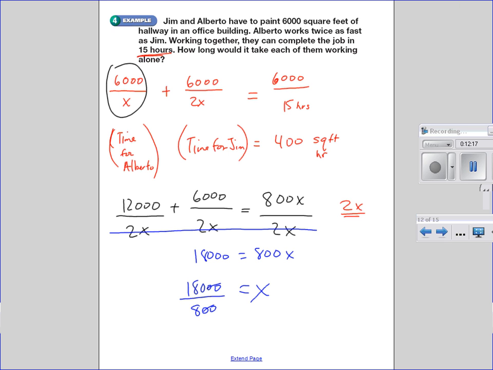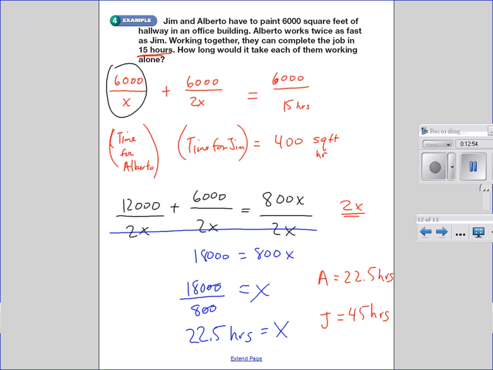So these zeros cancel. 8 goes into 18 twice with 2 left over. So that's 2 more and 5. 22.5 hours is x. Okay? So bottom line here at the end of the day is Alberto takes 22.5 hours and Jim takes 45 hours if they were going to do it alone.